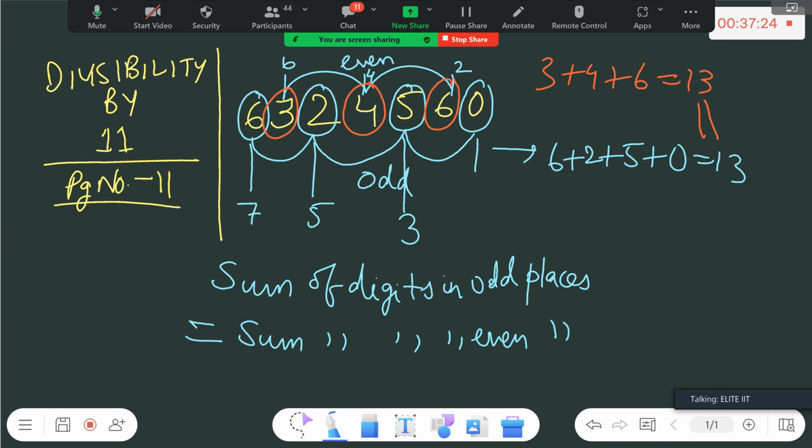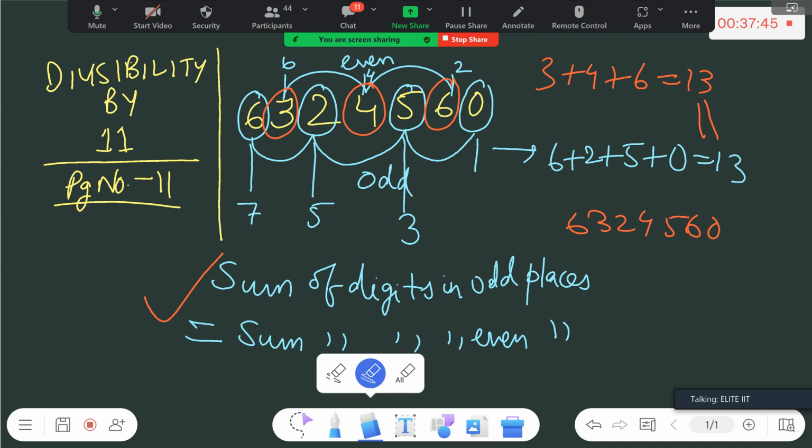So they are equal, 13 equal to 13. So this is satisfied. So I can say that this number 6324560 will be divisible by 11. Is it clear? Clear? Yes, sir.